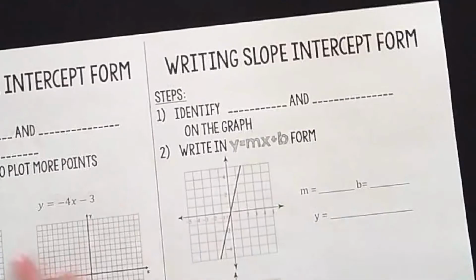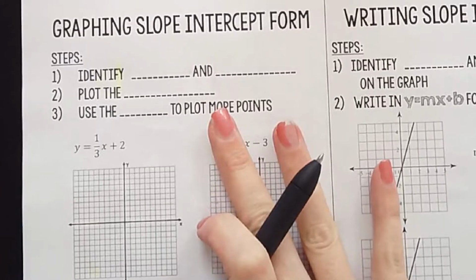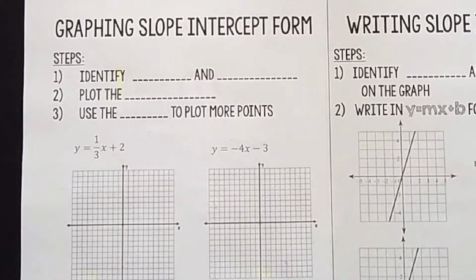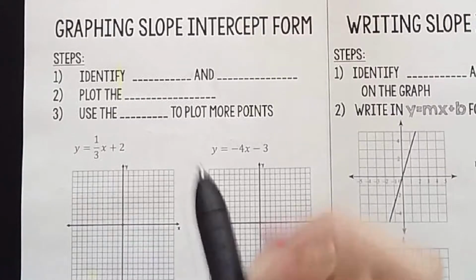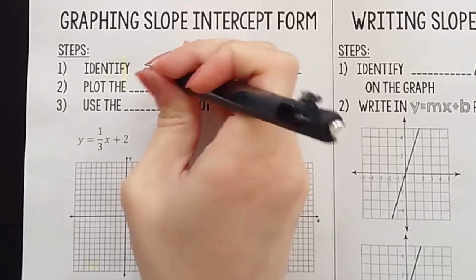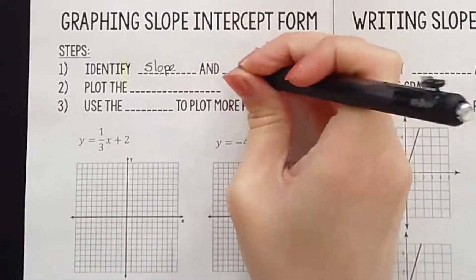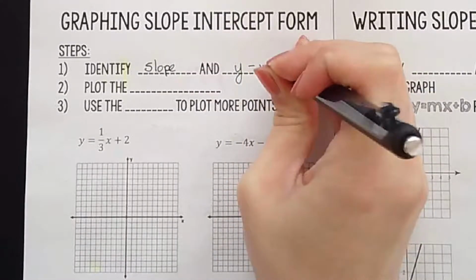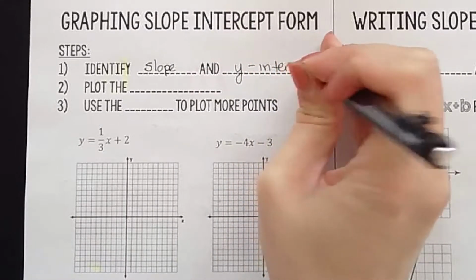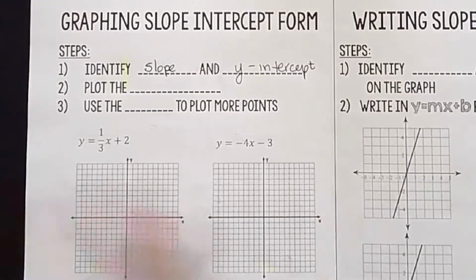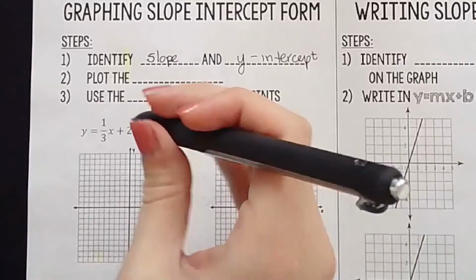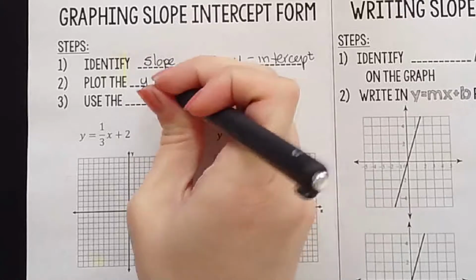So on the inside, now that we can find our slope and y-intercept, we are going to graph slope-intercept form. And conveniently, the first step here is to identify slope and y-intercept. Once we have found the slope and y-intercept, we start graphing by plotting the y-intercept.